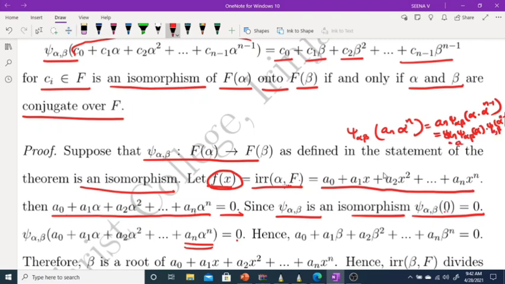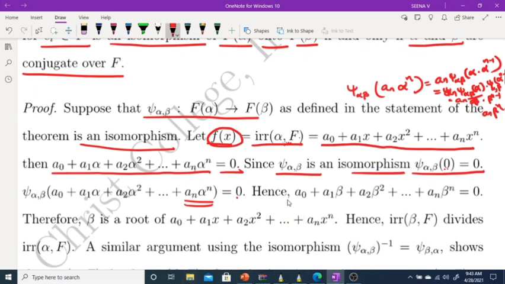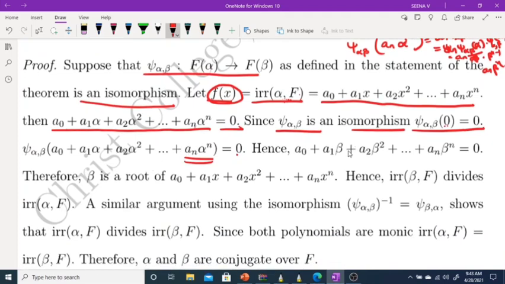And psi alpha beta of alpha is beta, and this is beta raised to n minus 1, and that is an beta raised to n. So we get psi alpha beta of this one equal to this one, which is equal to 0. That means beta is a root of a naught plus a1 x plus etc. plus an x raised to n.